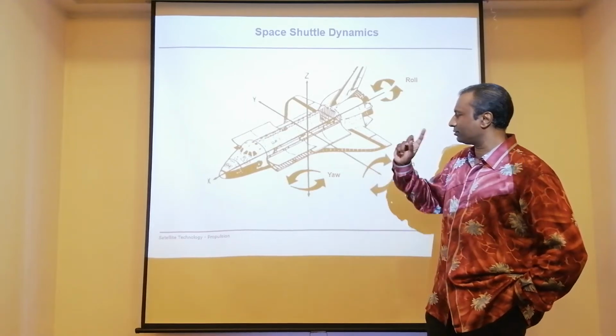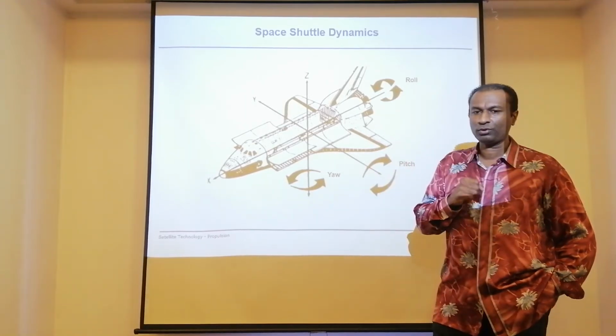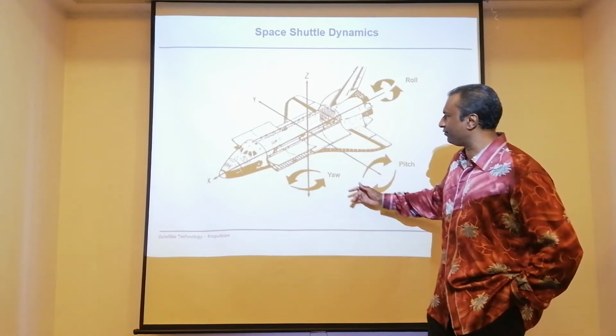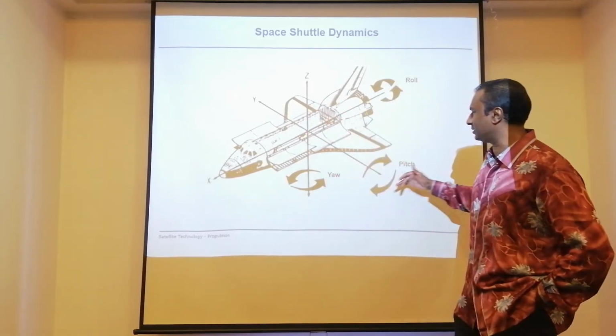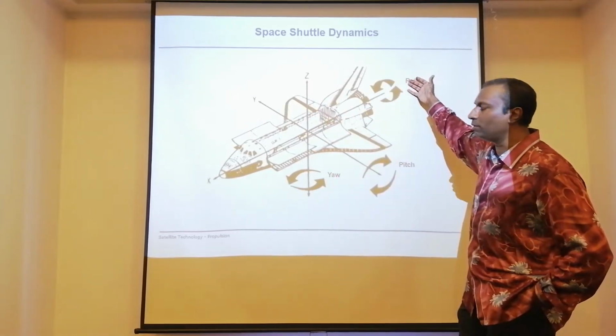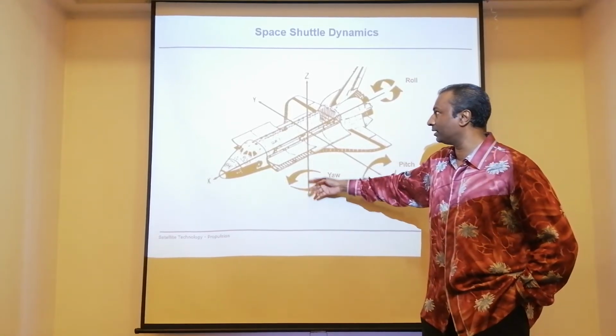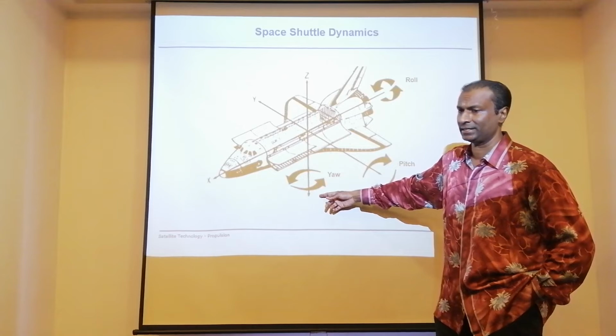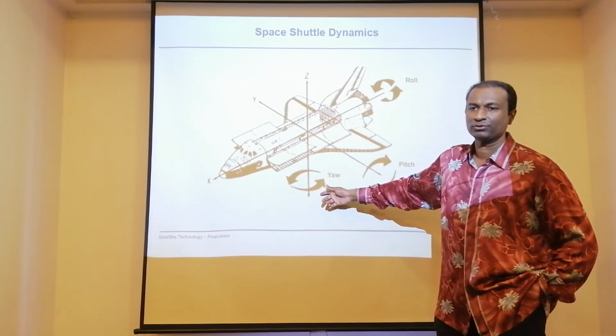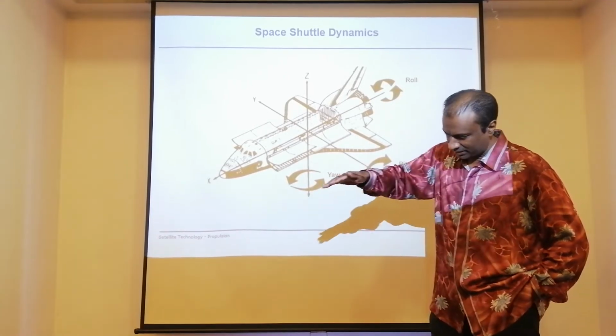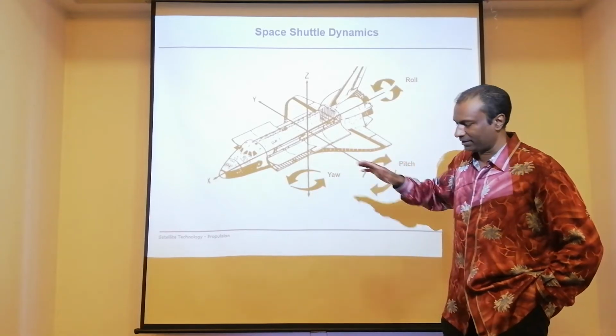Now, the rotational motion we always call attitude motion. I have three axes here. I can define my roll as X, my pitch as Y, and my Z as yaw. And my Z is always looking at planet Earth. That's how the satellite or even the spacecraft flies.